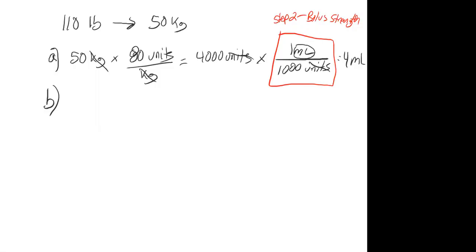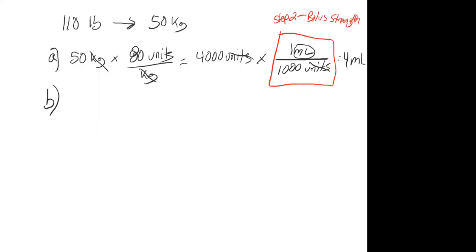Now, part B says to calculate the infusion rate in milliliters per hour for the IV drip. So we go back to the protocol, back to step 10 or to the initial sequence question, and it says to start the drip at 18 units per kilogram per hour.